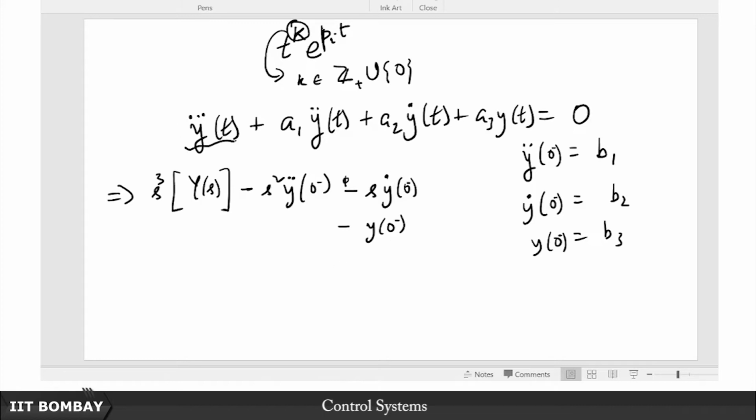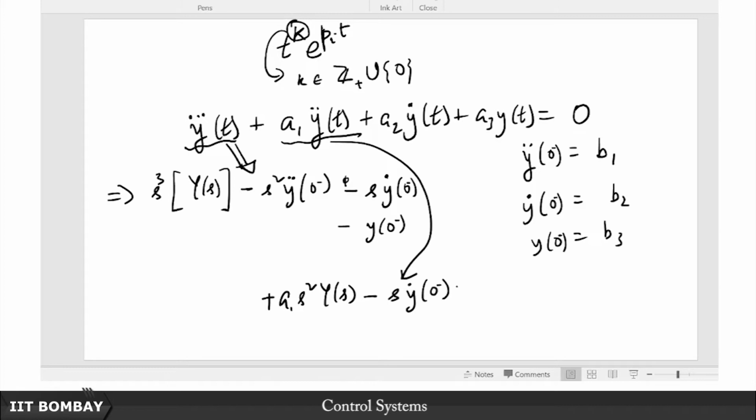That is about the first term. Then you have the second term, which would lead to plus a1 times s squared Y of s minus s y dot 0 minus minus y 0 minus.